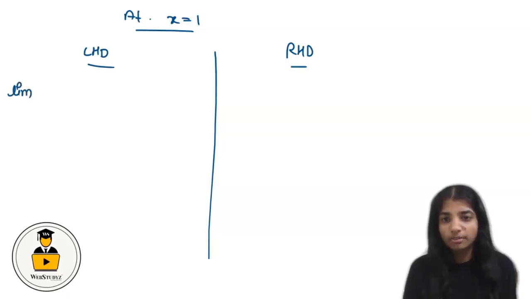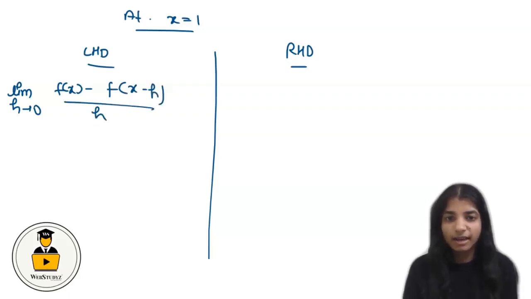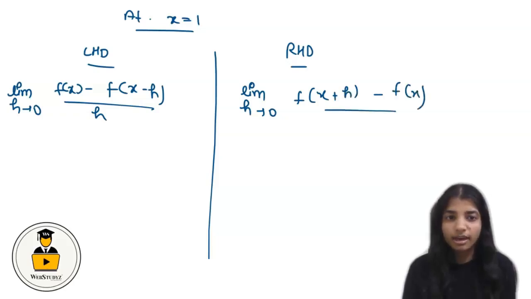So the left hand derivative is the limit as h tends to 0 of [f(x) minus f(x minus h)] divided by h, and the right hand derivative is the limit as h tends to 0 of [f(x plus h) minus f(x)] divided by h.